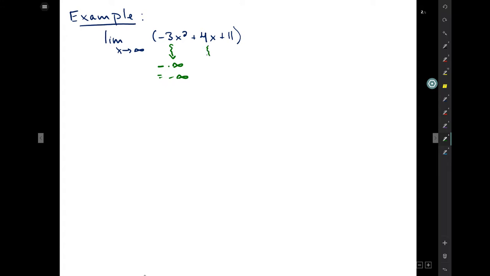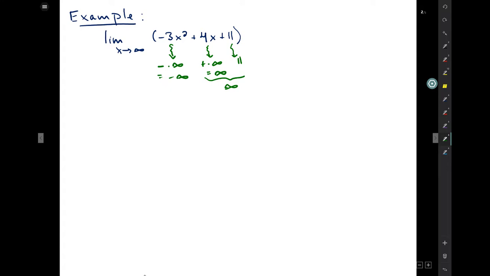For the second term, again I have a very large number, but it's multiplied by a positive, so this one's just going to be infinity. And 11 is just 11, a finite number, so you can lump that in with the infinity.